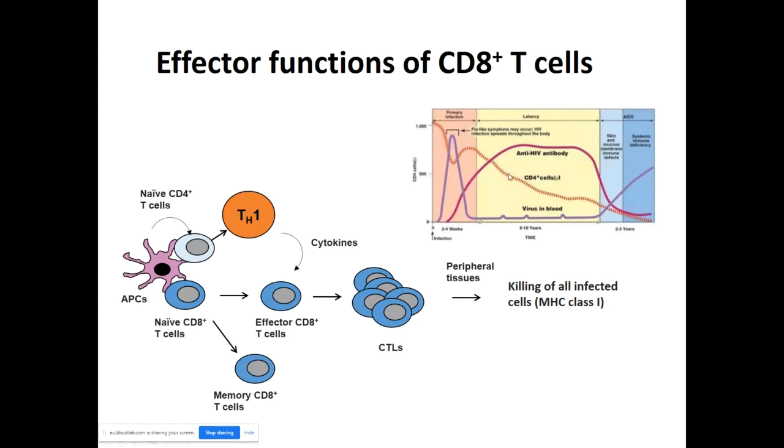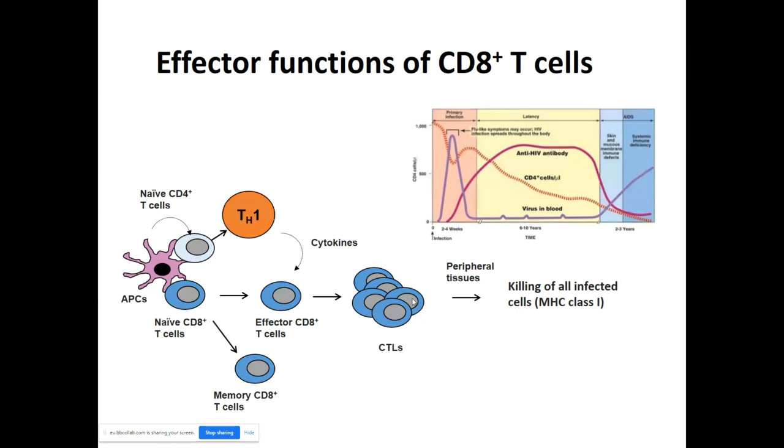And while this CD4 positive T cell count decreases, the viral load increases. So it's actually the best proof that you need CD4 positive T cells as a form of Th1 response to produce antibodies, but also to clear the infection by producing cytotoxic T lymphocytes. So it's very, very important for you to understand that the CD4 is essential in not only producing antibody, the right antibody, but also producing cytotoxic T lymphocytes.